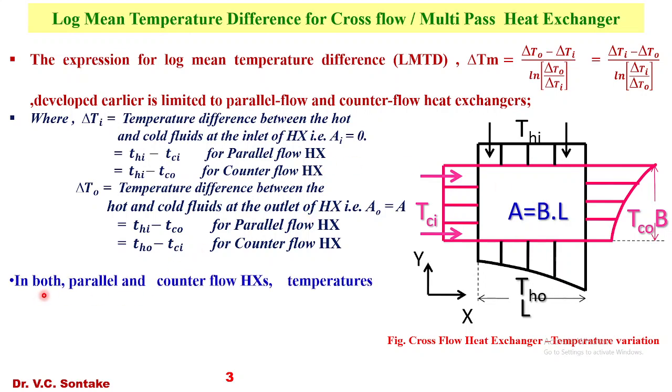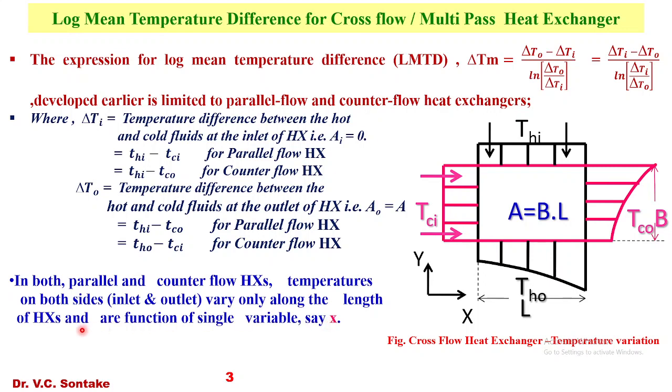Now, in both parallel flow and counter flow heat exchangers, temperatures on both sides, that is inlet and outlet of heat exchanger, vary along the length of the heat exchanger and are functions of single variable, say x. Means, in case of parallel flow or counter flow heat exchanger, temperature is varying only along the single length of the heat exchanger.